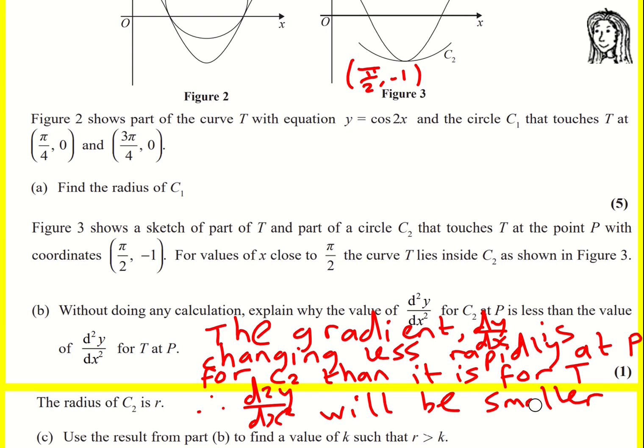Maybe I should write lower for C2. So I think that's a pretty decent explanation.